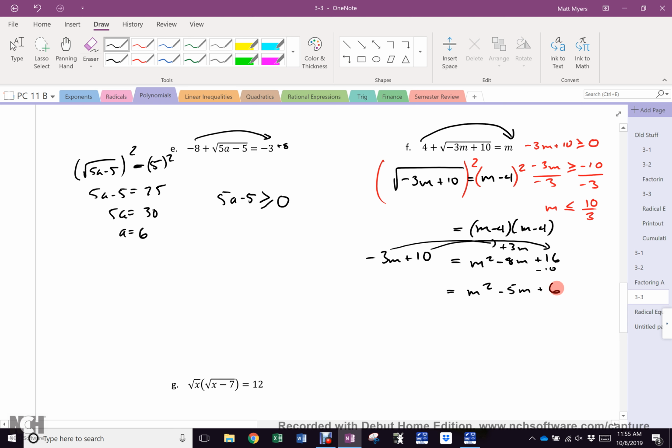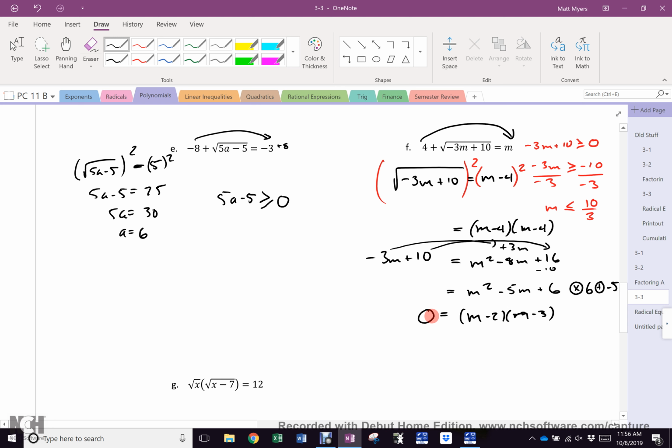6. And then because I've done grade 10 in BC, as soon as I see a trinomial, I attempt to factor it. If it's a trinomial with no leading coefficient, I know that I need two numbers that multiply to 6 and add to negative 5, which are negative 2 and negative 3. Now, the new thing in grade 11 is that's not the answer. That is simplified.